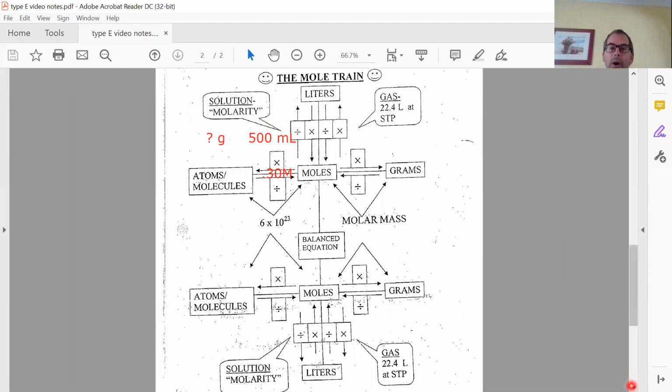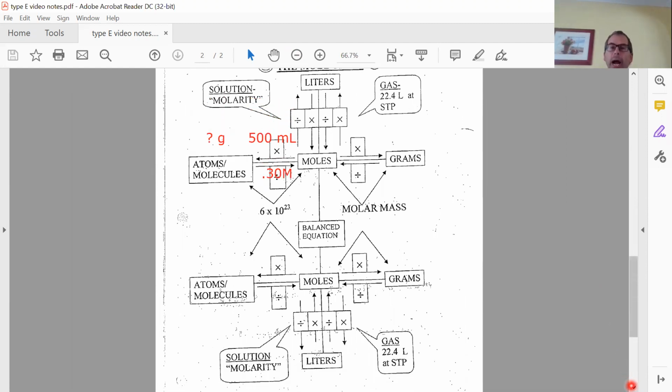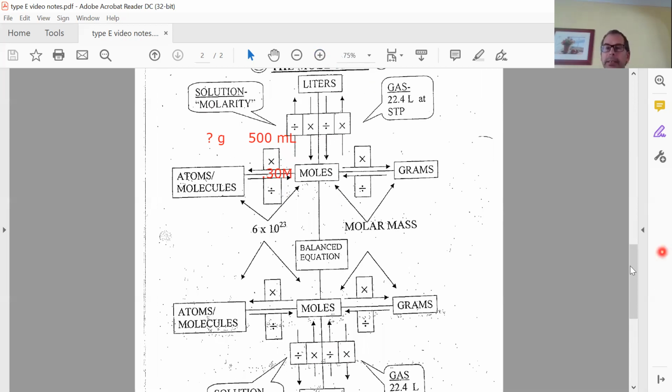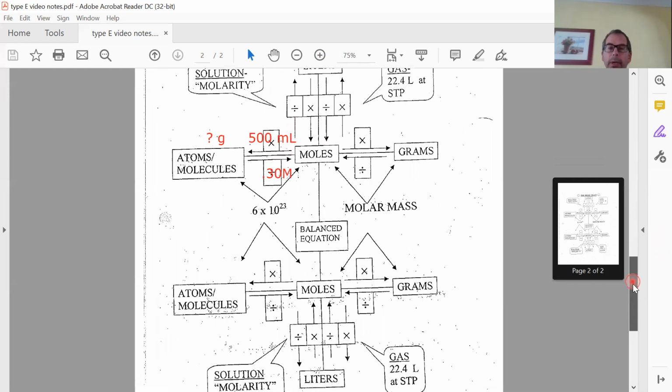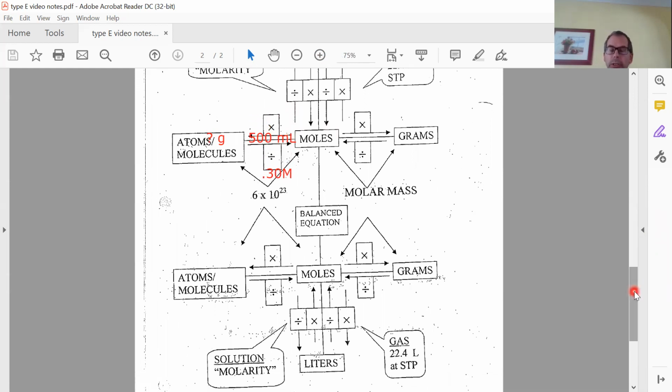And now we are going to actually try to look at this whole piece here, an extended mole train with a mirror image, just like our other mole train, but we have this moles connected to liters and moles connected to liters right here. Make this a little bigger and let's see how this fits into our problem. I'm going to write in AgNO3 for the bottom part of the train.